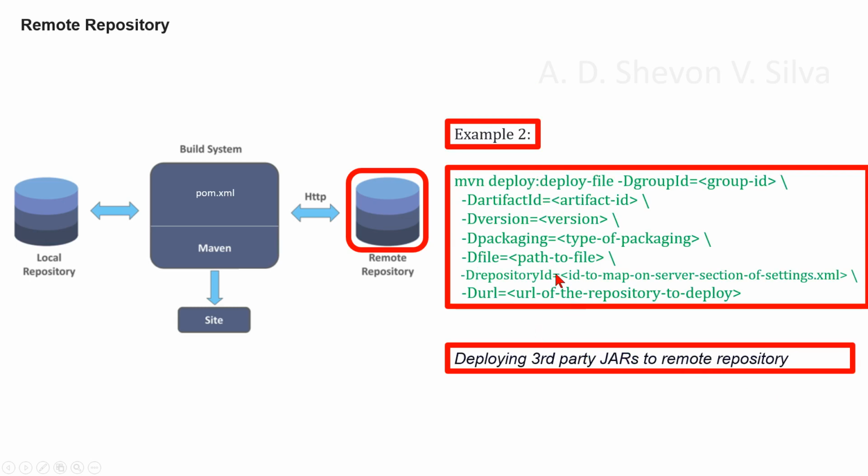Here is deploying third-party jars to a remote repository as example 2. To deploy a third-party jar, use the deploy-file goal under the Maven deploy plugin.